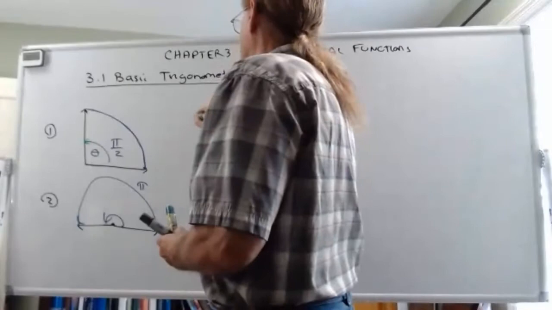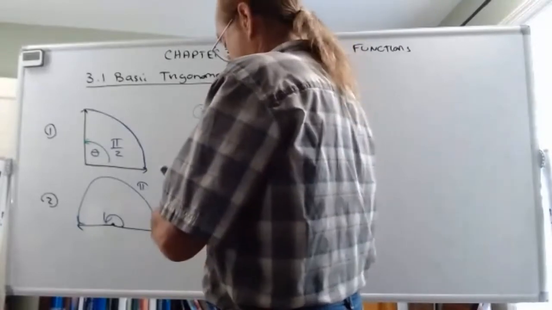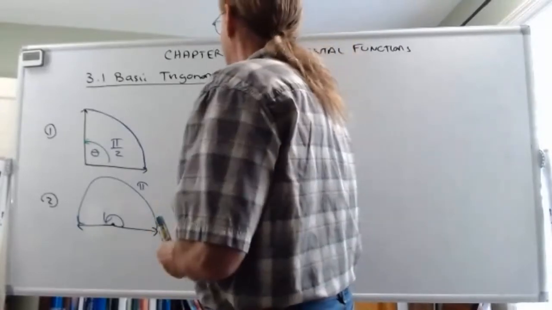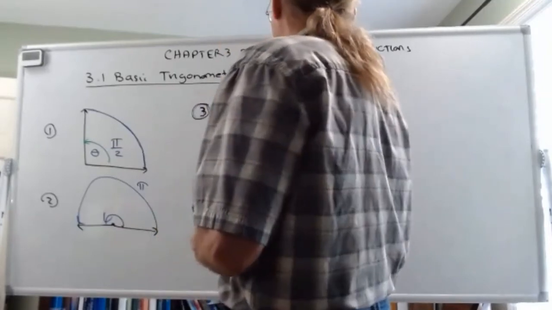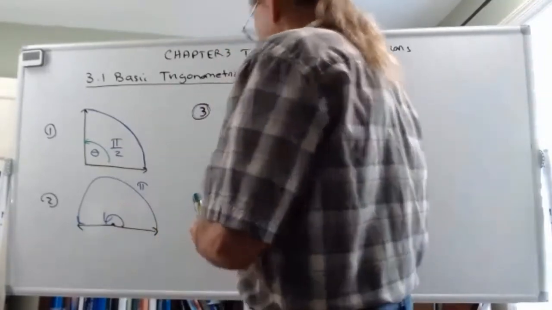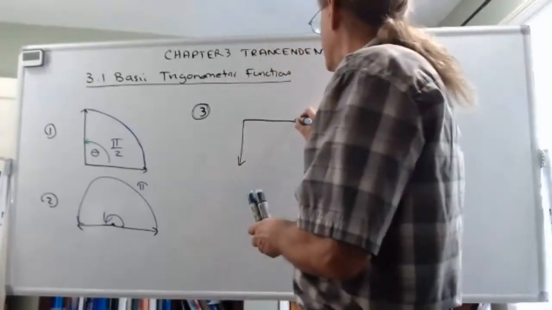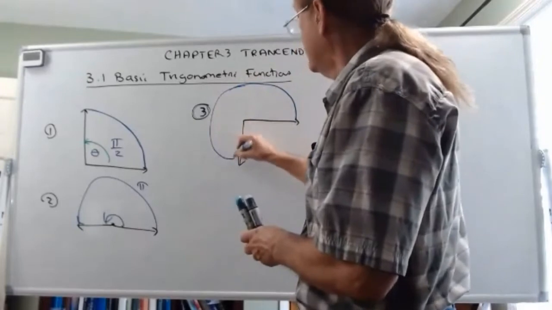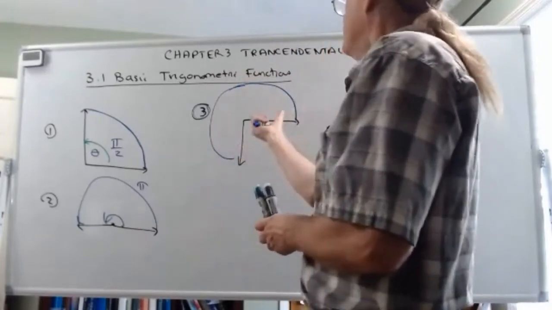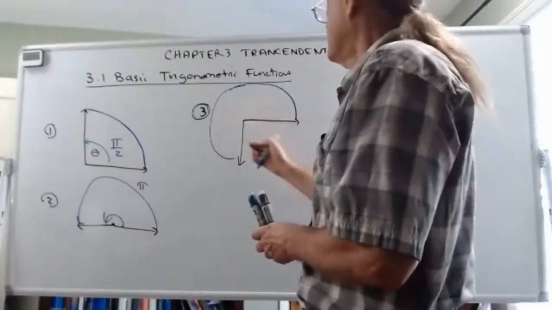Make it black, too many colors here. So I go this way. I'm still on that unit circle, so I go from here all the way around over here. In that case, that's pi over 2, another pi over 2, another pi over 2.